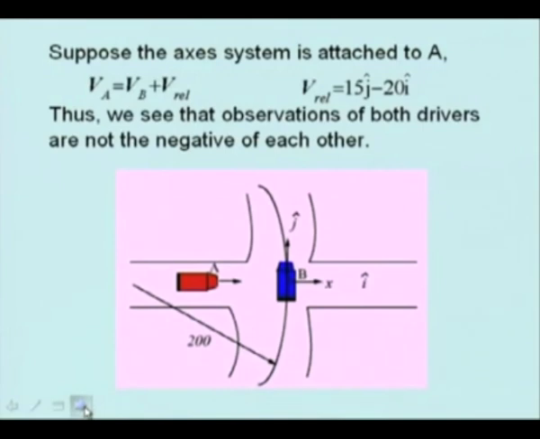Suppose the axis system is attached to A, then VA is equal to VB plus VL. In this case, the axis system is not rotating, so there is no omega, omega is 0. Therefore, the expression comes out to be VA equal to VB plus VL, or VL is equal to 15j minus 20i.